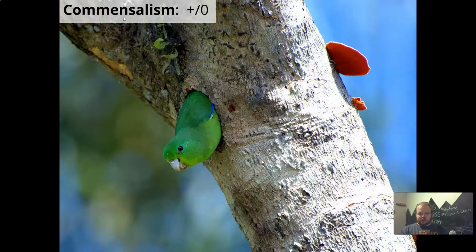And the parrot gets shelter. That's usually the examples you're going to find in commensalism. Though I've known many scientists argue that commensalism doesn't truly exist because some animals get benefits. Some trees will still get benefits from having a parrot living in them. Certain prey animals won't. Certain parasites and stuff won't bother the tree. I don't know. But we're going to talk about commensalism like it does exist.